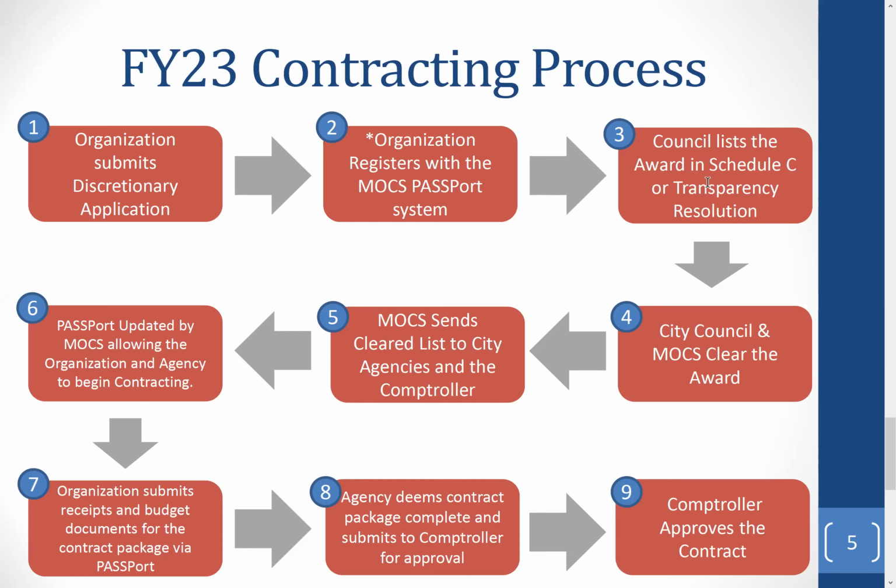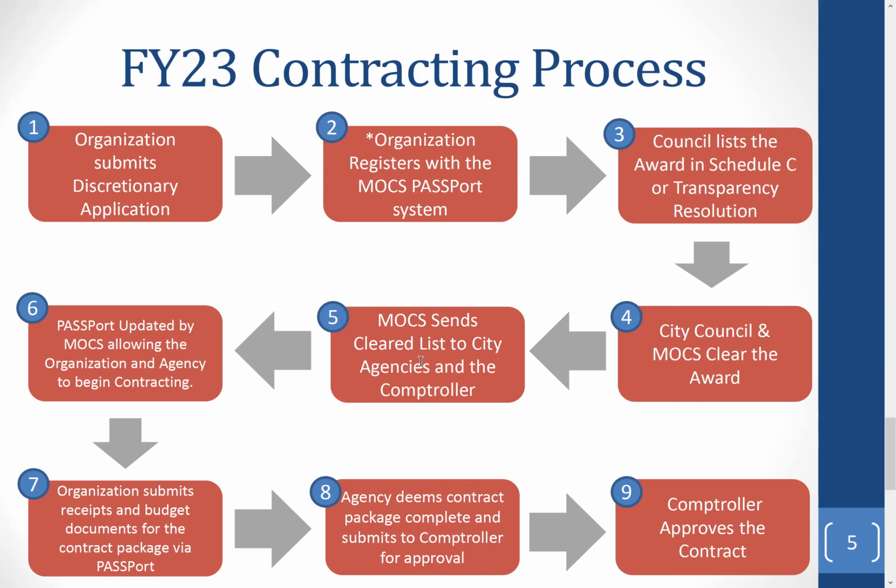But that is a requirement that the city council has for any organization seeking or receiving more than 10,000. Okay, so once Mox reviews what they have cleared and what we have cleared, they release what's called the cleared list to the city agencies, which basically gives the agencies a green light to contact you and begin the contracting process with your organization.